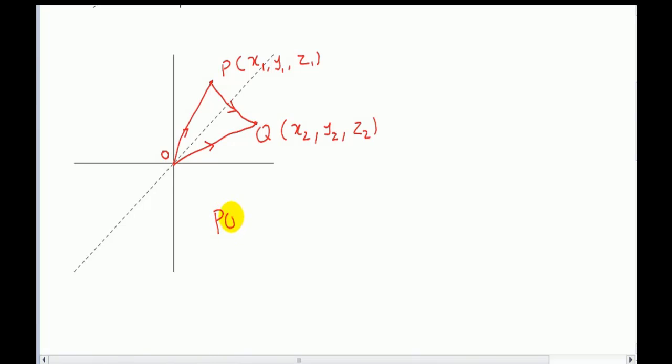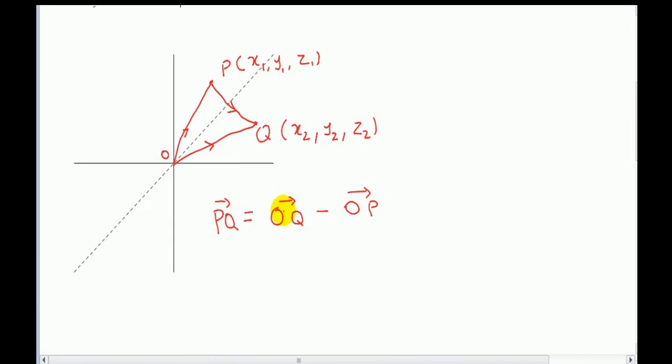So PQ vector can be found out using OQ vector minus OP vector. PQ vector is nothing but the displacement vector. We are going from P to Q. So what is the displacement from P to Q?